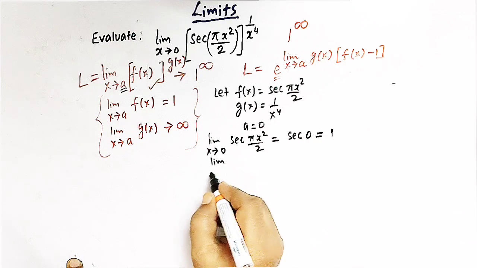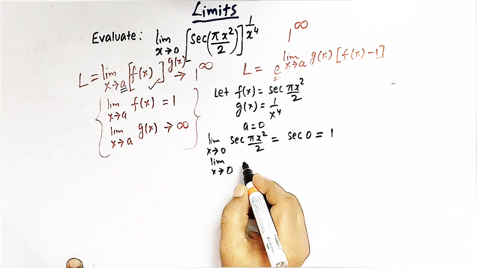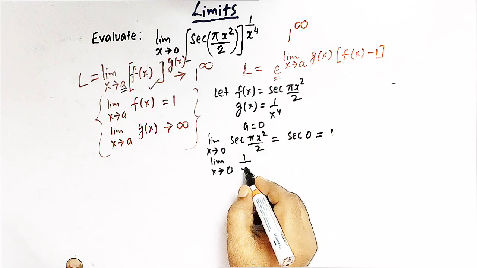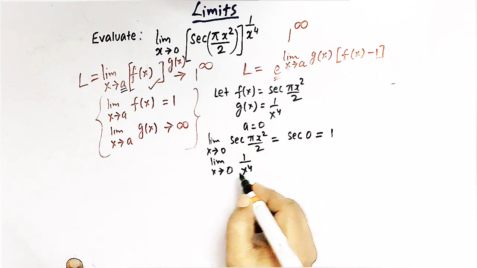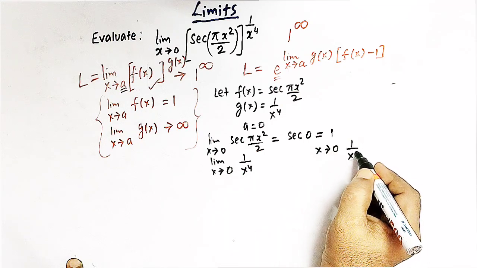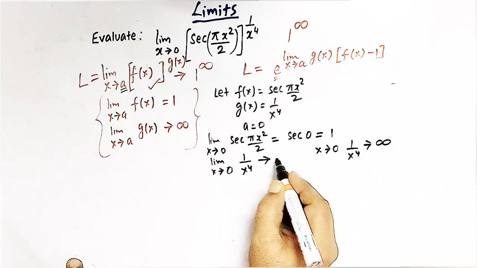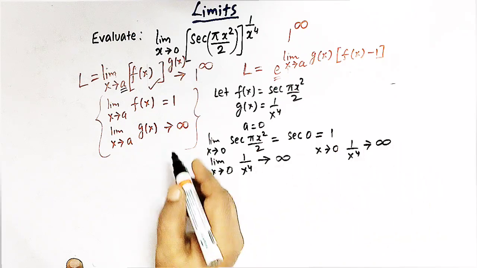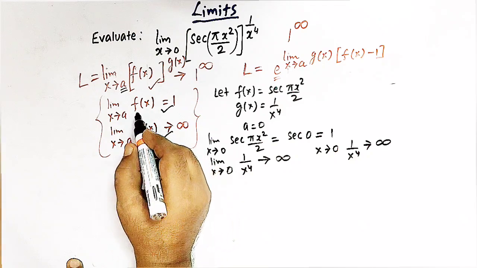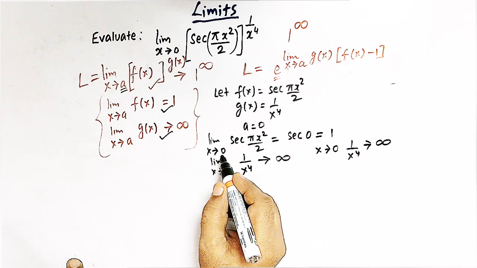When we take the limit x tends to 0 of g of x, we have g of x as 1 over x raised to 4, and when x tends to 0, 1 over x raised to 4 tends to infinity. So this limit tends to infinity. These two conditions are fulfilled by f of x and g of x when x tends to 0.